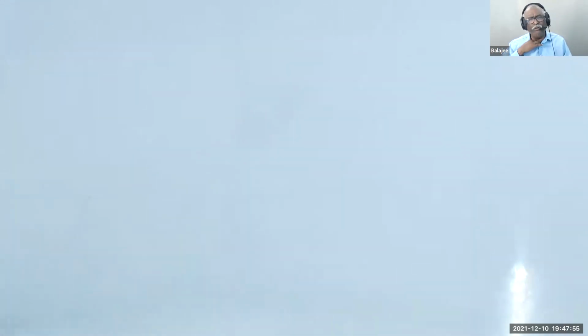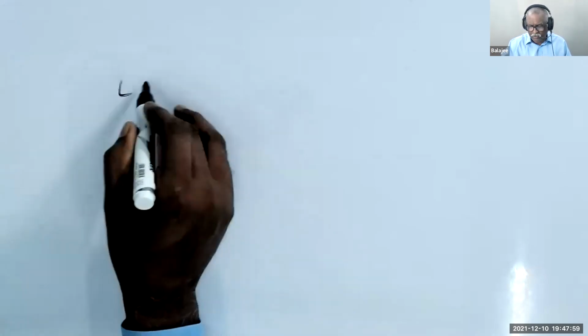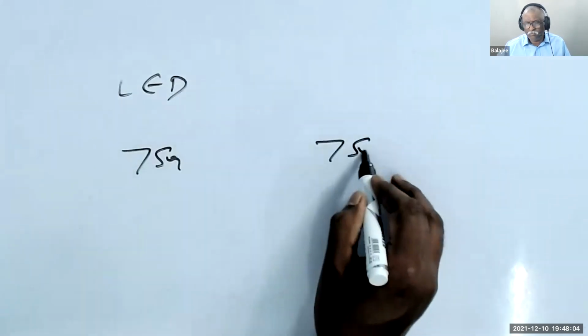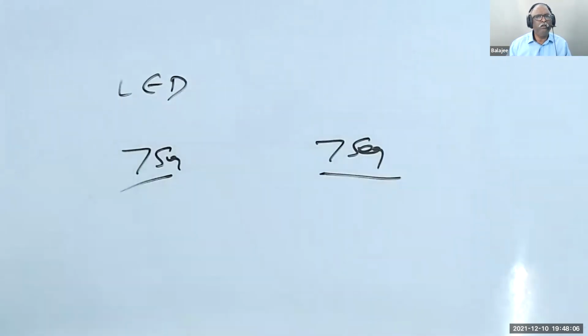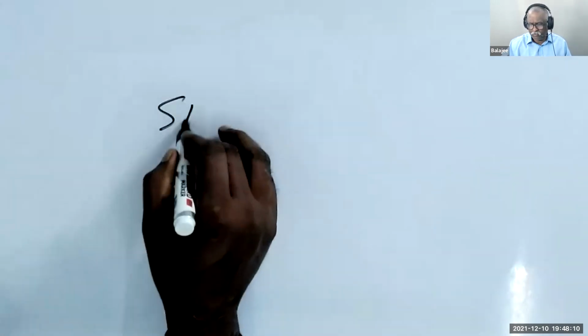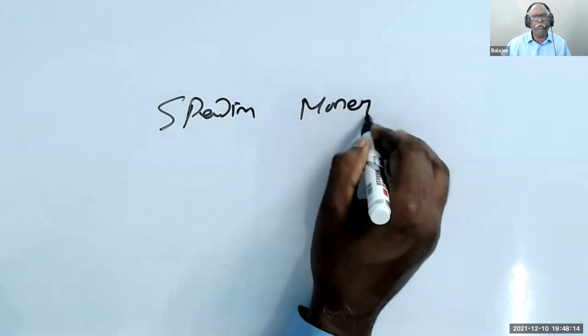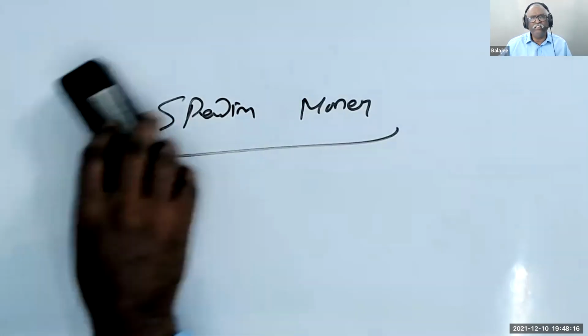Now we start doing the hardware also. Once you've done LED, then you connect 7 segment. When you keep on adding hardware, you have to keep on spending money. That's why my methodology is very cheap.